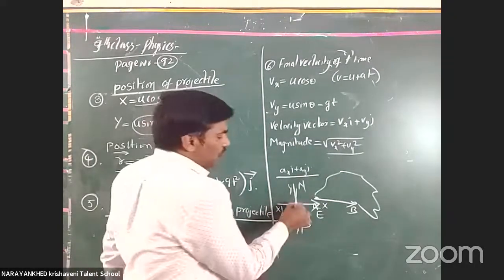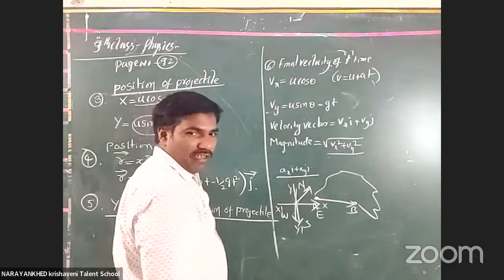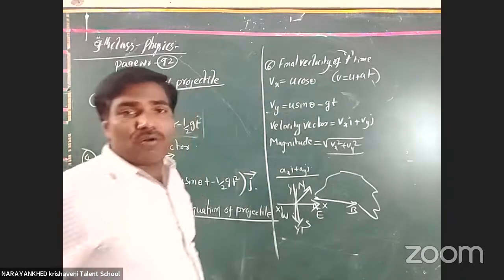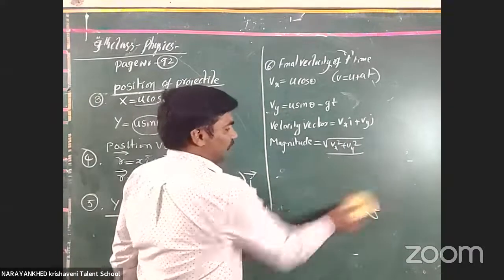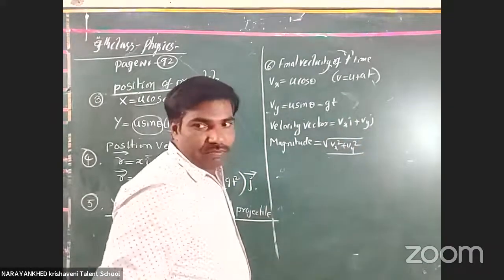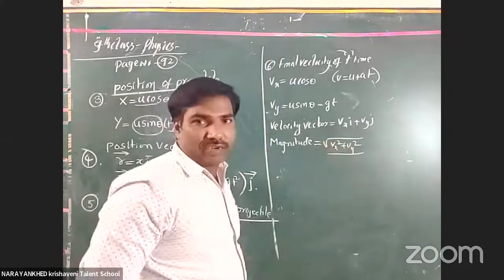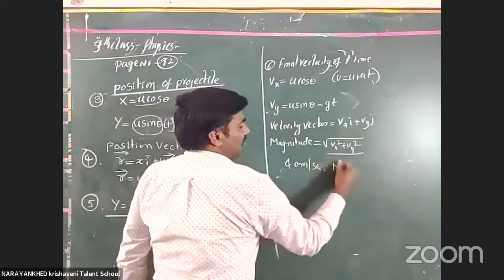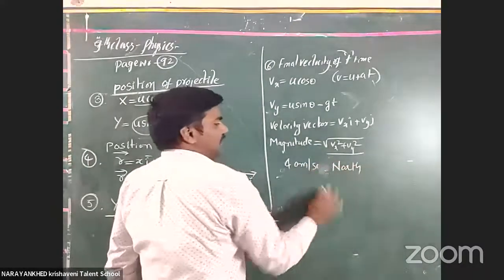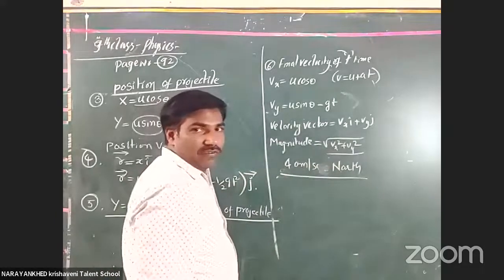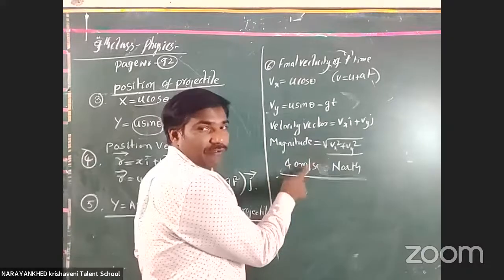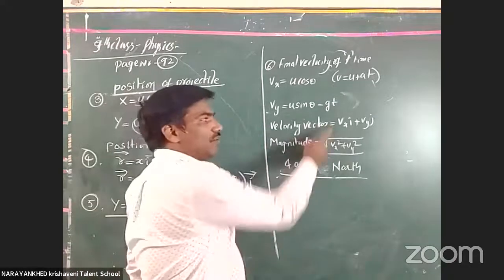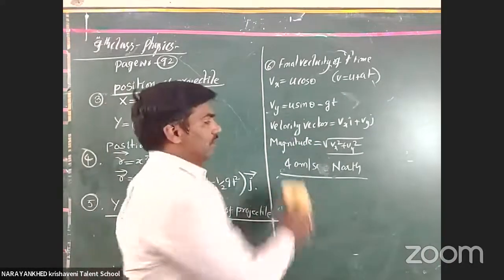If you write your direction in this way, that becomes northeast. Sometimes we have to represent it in vector format, with the magnitude of the vector. Suppose 40 meter per second in the north direction. This is one physical quantity, velocity. 40 is our magnitude, meter per second is the unit, and north is the direction. In this way we have to specify it. Got it or not?